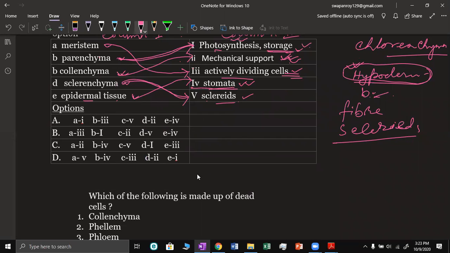So the matching, which one will be our answer? Here it is A with 3. A with 3 is option B. There is no one else with A with 3. So directly from here we can find out that this is the only option where it will match.